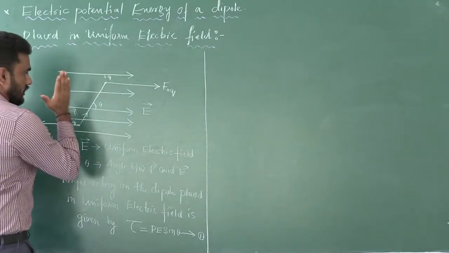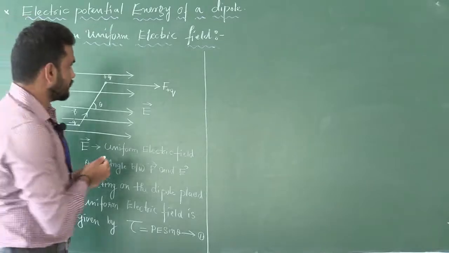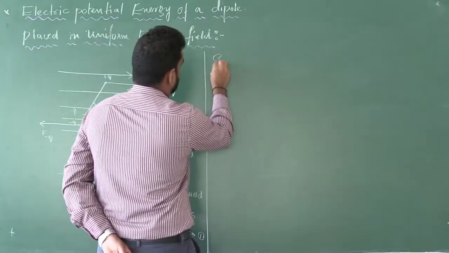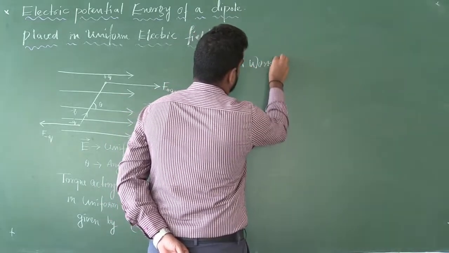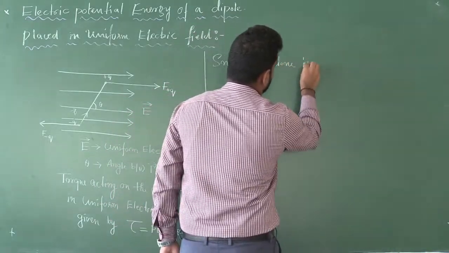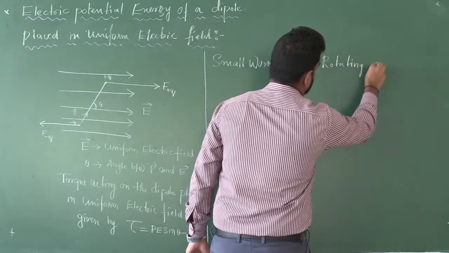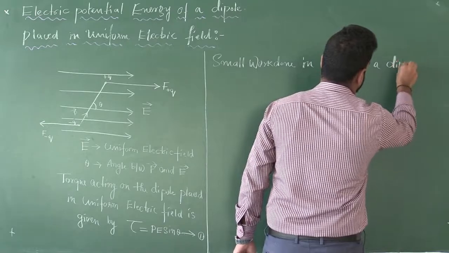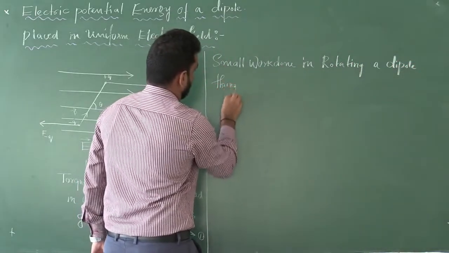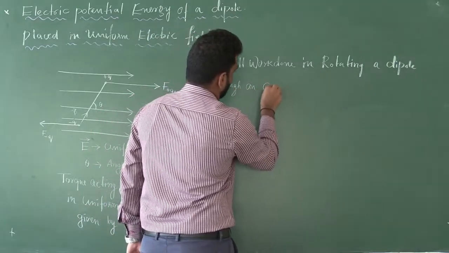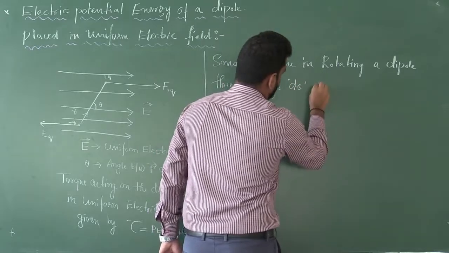So let this dipole rotate through an angle d theta. Small work done in rotating a dipole through an angle d theta is given by.